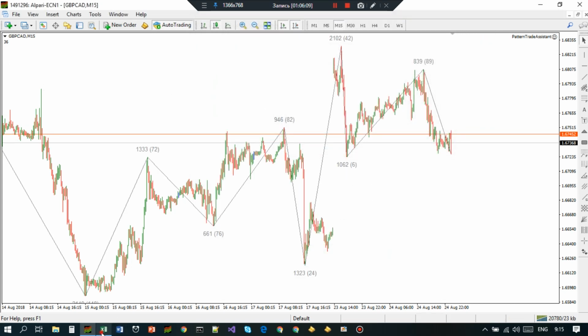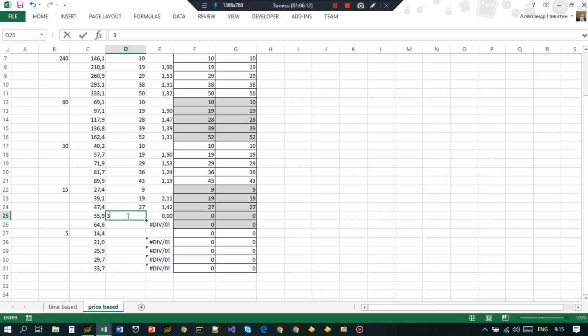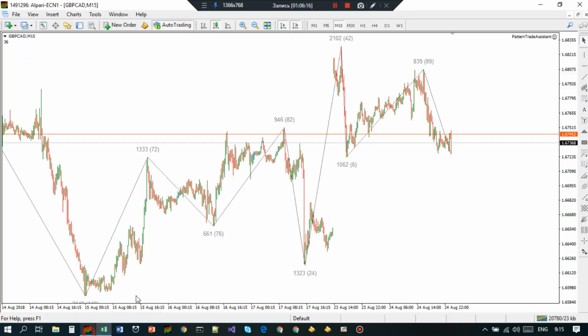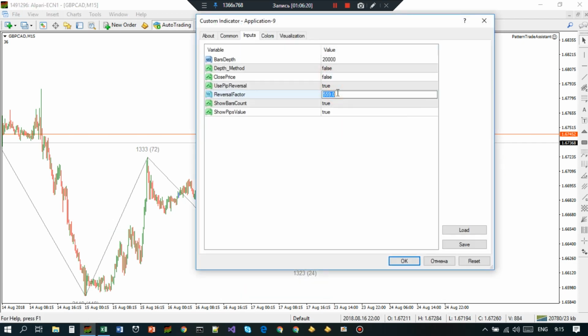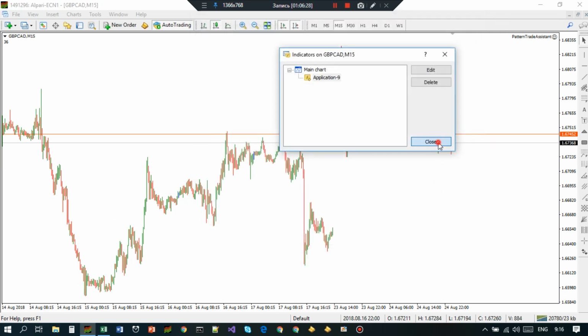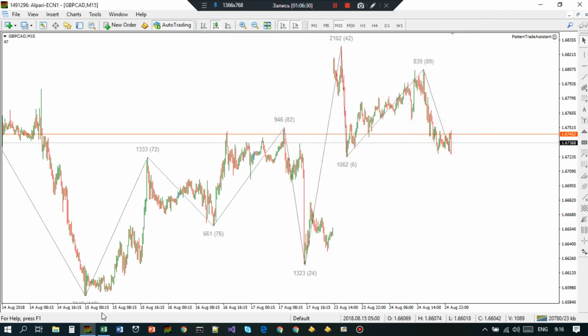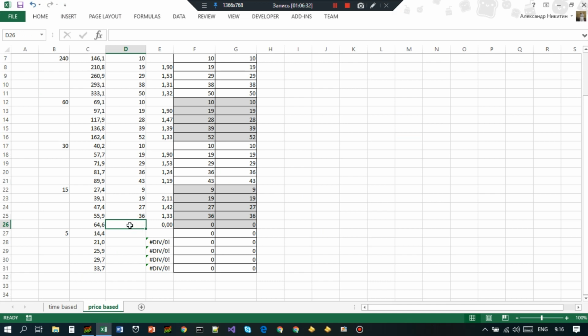Okay, it is 36, goes here, 36. Then 64.6. Yes, it equals what? 47. 47, slightly less.